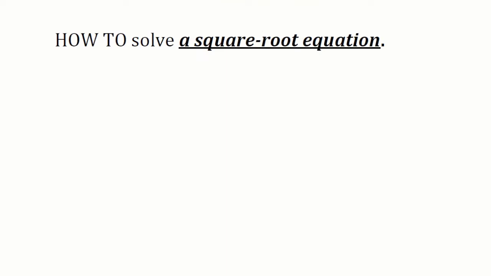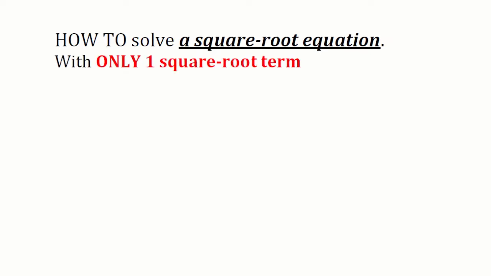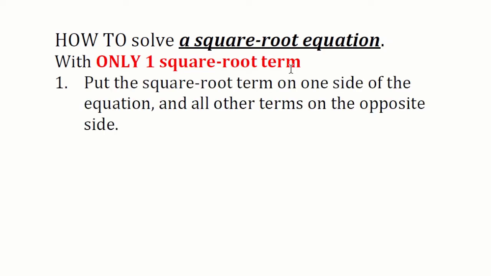Now let's look at how we can solve our equation. Our equation currently, as I have pointed out, is an equation with exactly one square root term. So let's specifically look at how we can solve a square root equation with only one square root term. The first step is to put the only square root term on one side of the equation and all other terms on the opposite side.